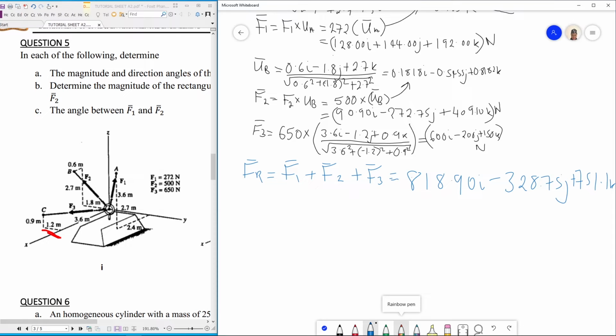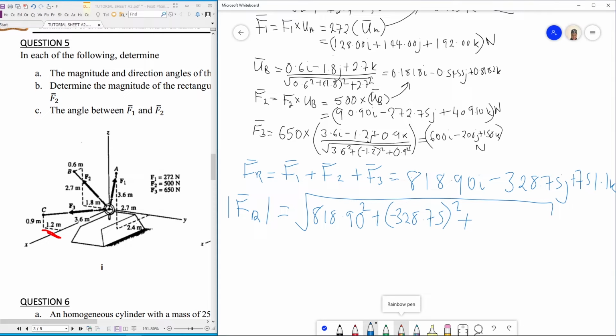So this is our resultant force. Finding the magnitude of this resultant, FR will be equal to the square root of 818.90 squared plus minus 328.75 squared plus 751.1 squared, and this is coming to 1158.80 newtons.